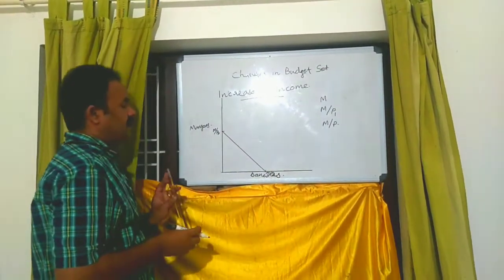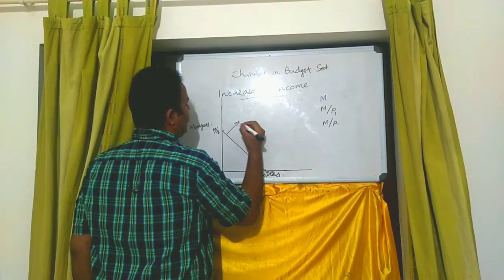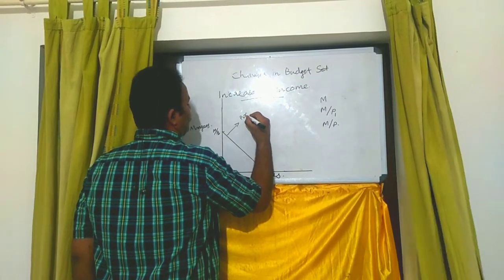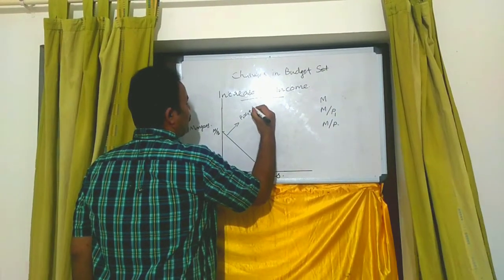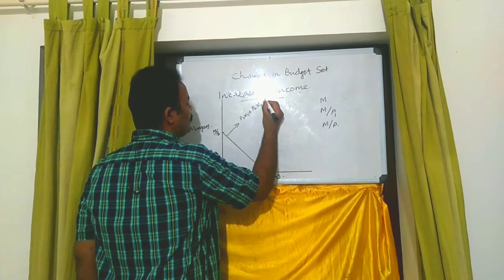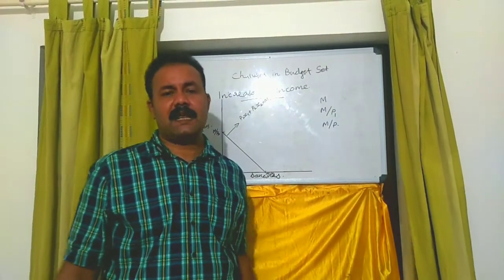Then this line represents the equation P1 x1 plus P2 x2 is equal to M. This is the initial budget line.